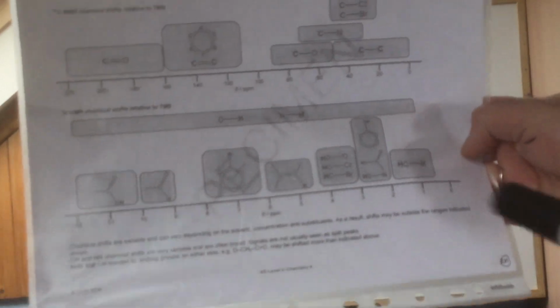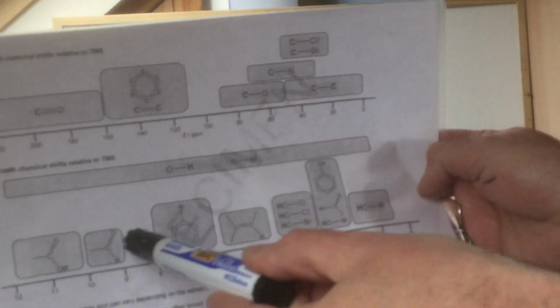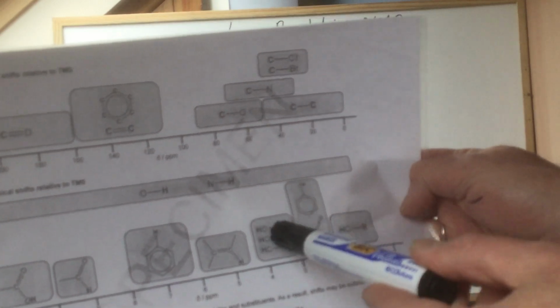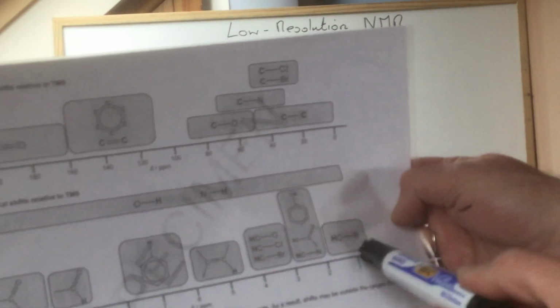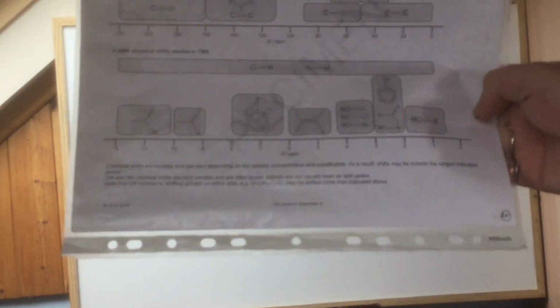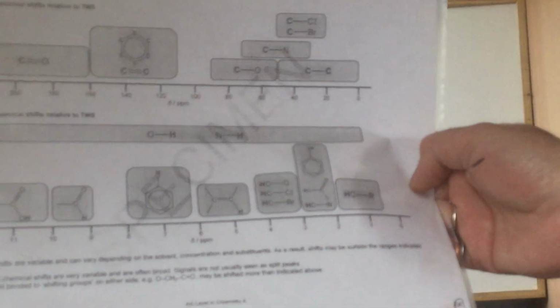Those are the chemical shifts. Now, you'll get this in the exam. These are the environments for protons attached to carbons that are attached to other things. They have different environments. It looks weird at first glance, but you should be able to suss that out when I've been through it. So I'm going to get the data sheet out and refer to it while I break it down on the board.